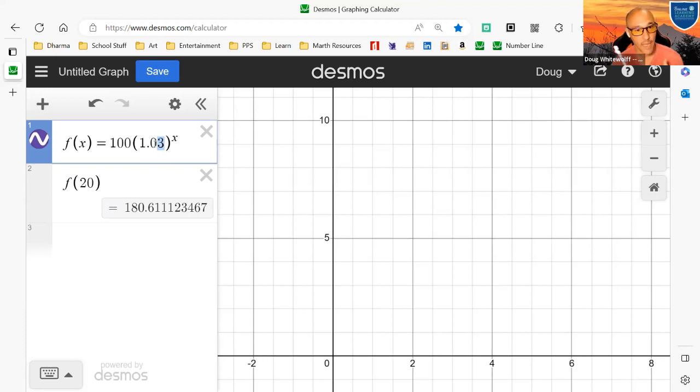Will it be less than double, more than double? So yeah, an exceptional increase with 8%. It goes from 180 to 466. Yeah, that's a big difference.